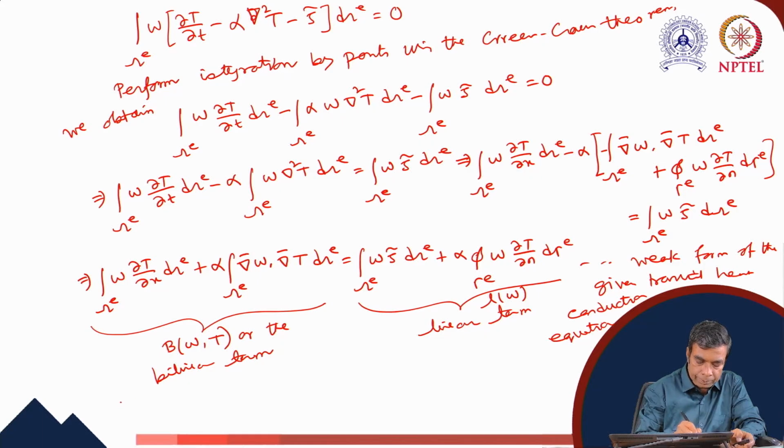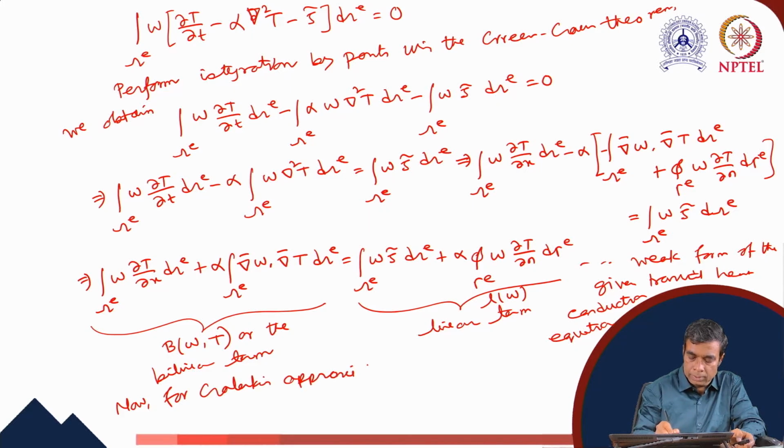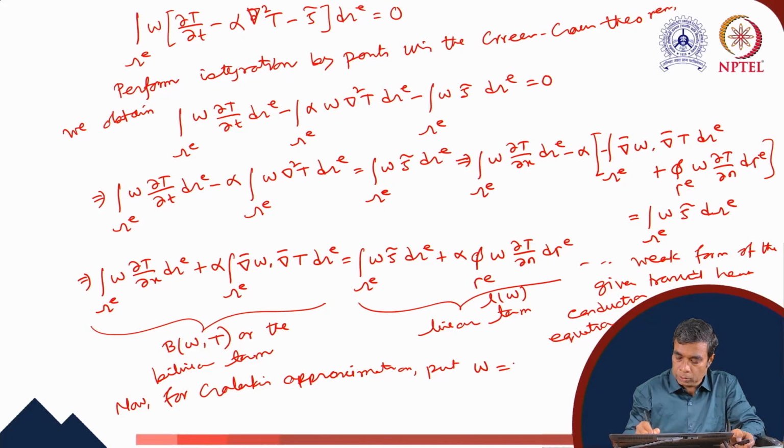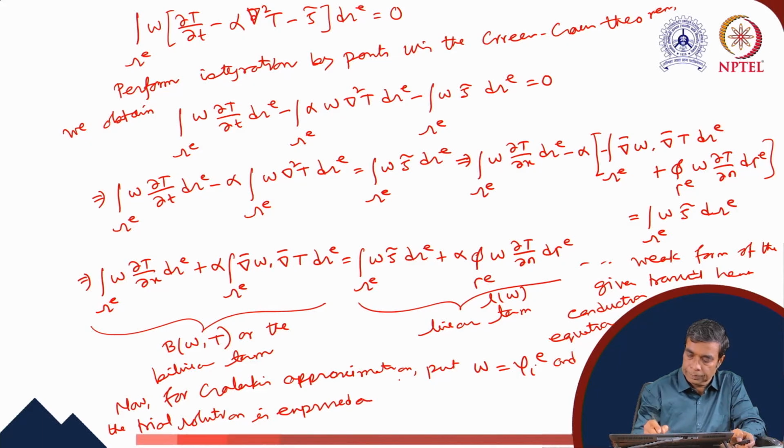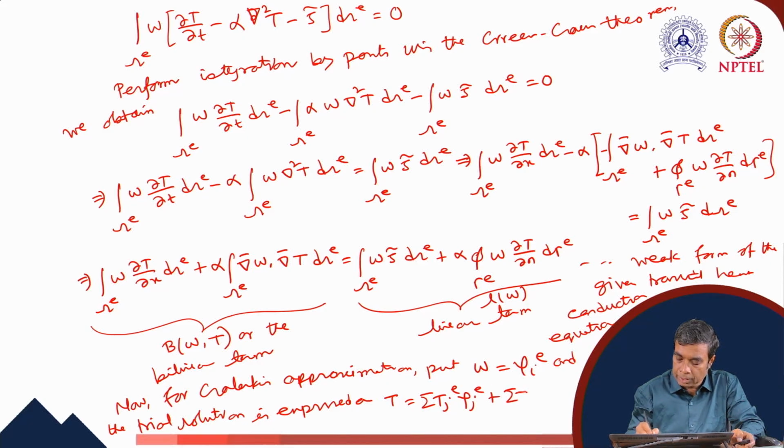Now for the Galerkin approximation, put W equals psi IE, and the trial solution is expressed as T equals summation TJE psi JE plus summation TBE psi BE.